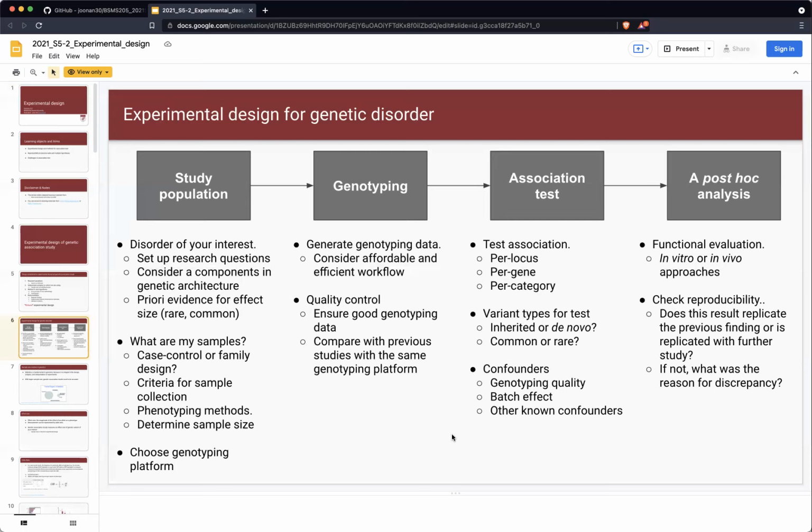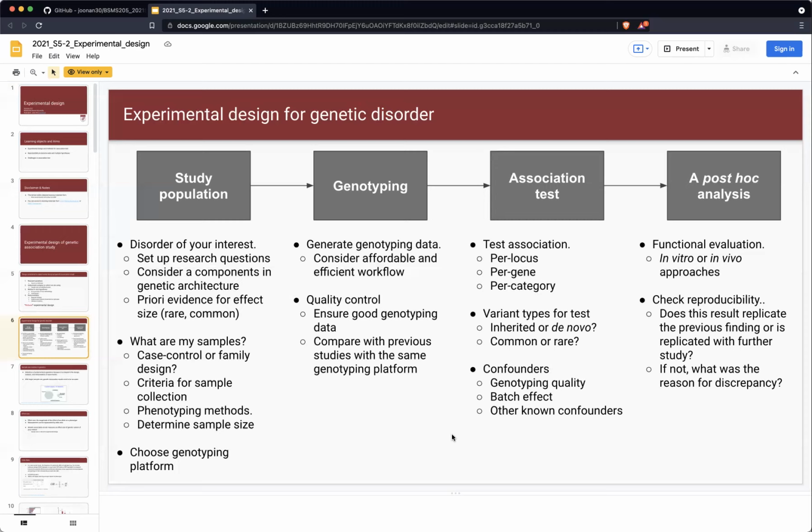And in this evaluation, we can look at their effect size, and look up their penetrance or their level of association, and how many people have certain types of mutation in the samples of your interest.